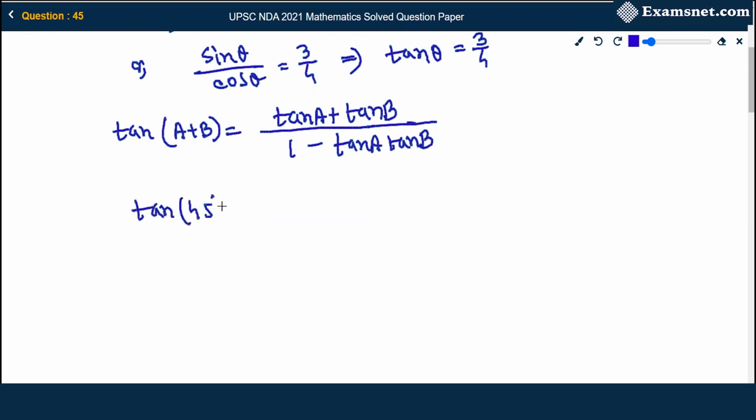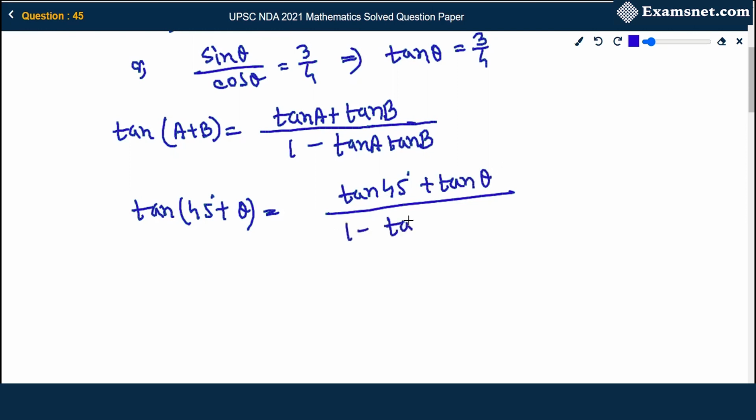So tan(45 degrees plus theta) will give us tan 45 degrees plus tan theta by 1 minus tan 45 degrees multiplied by tan theta.